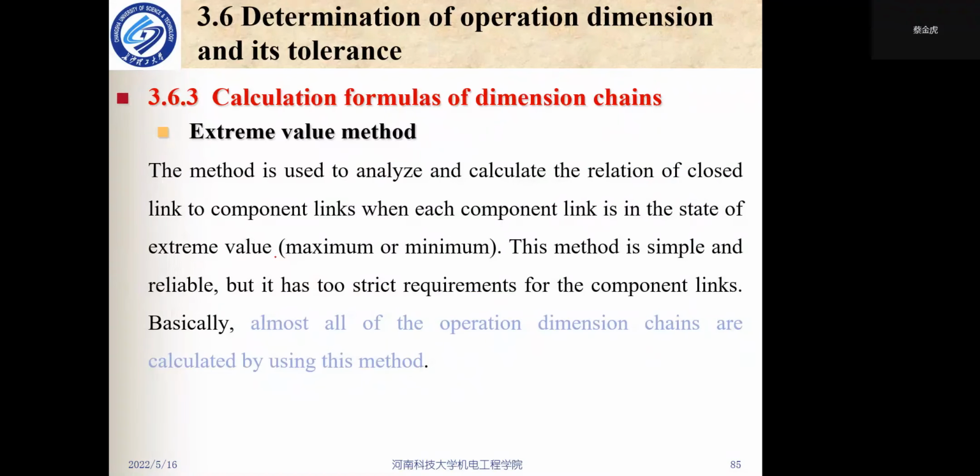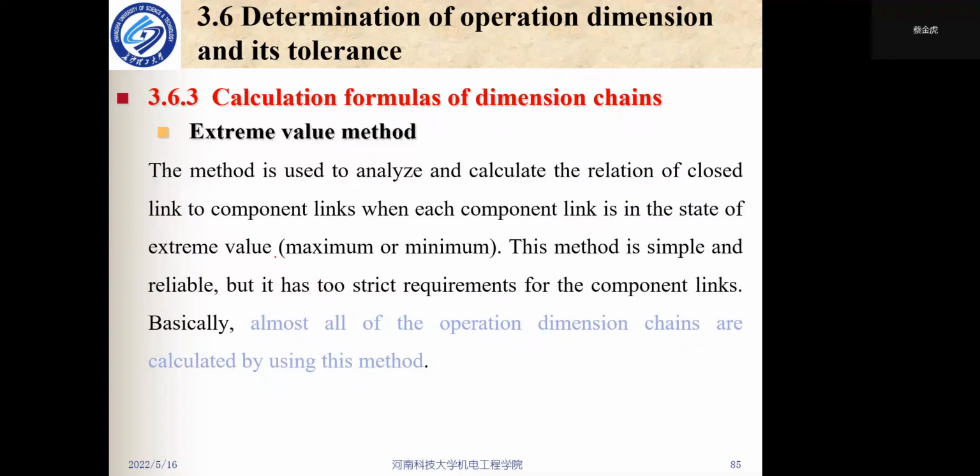This PPT will talk about this topic. The calculation of the dimension chain is to calculate the basic dimensions, tolerances, and deviations of the closed link and component links.